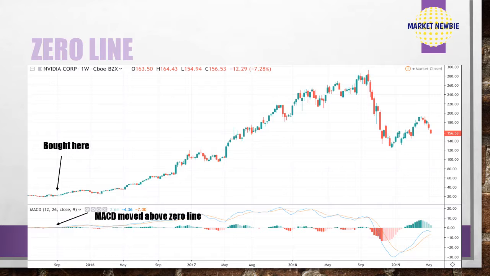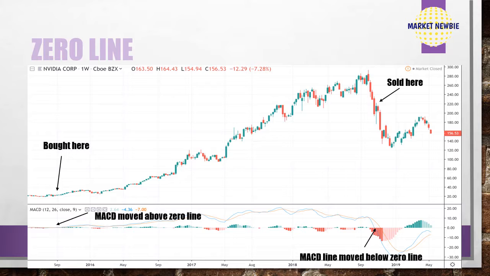If you stuck with the rule here, you shouldn't be selling until almost the end of last year, 2018, when the weekly MACD line dropped below the zero line at a price around 220. You would have tenfolded your initial capital after 13 years.